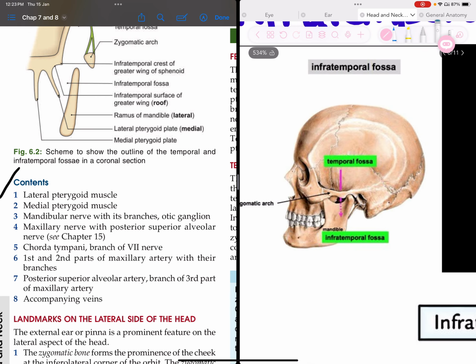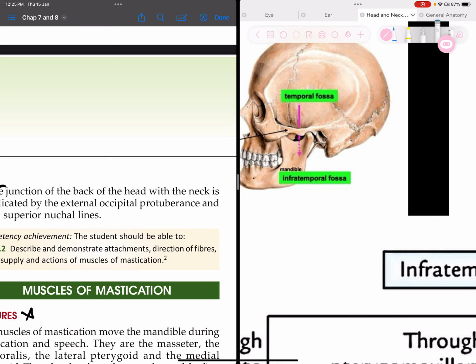And then you have pterygomaxillary fissure that is going to help with the communication. Other than that, it communicates with the submandibular region, which is deep to the mandible. The submandibular region is also right here. Then it communicates with the cranial cavity via the foramen ovale and spinosum, tympanic cavity via the petrotympanic fissure, and maxillary teeth and sinus through the posterior superior alveolar foramina.